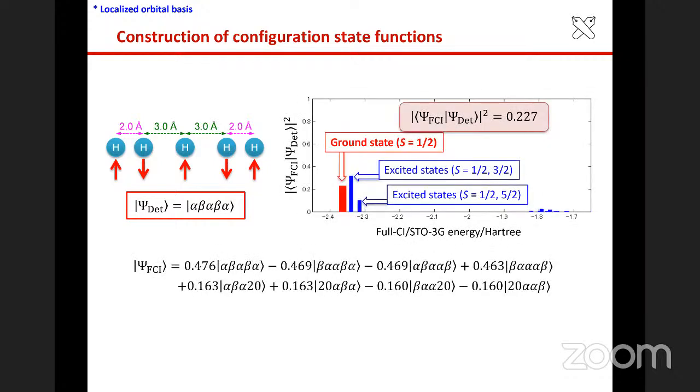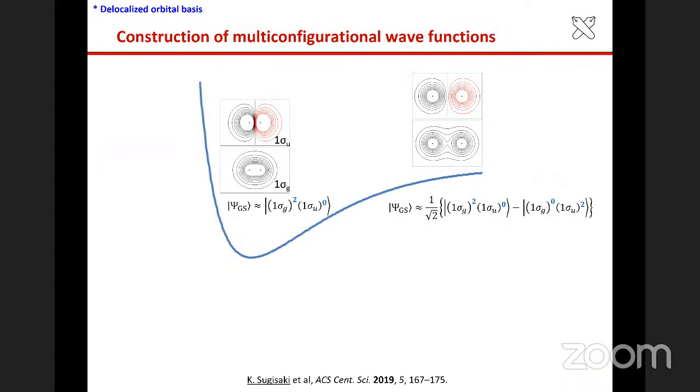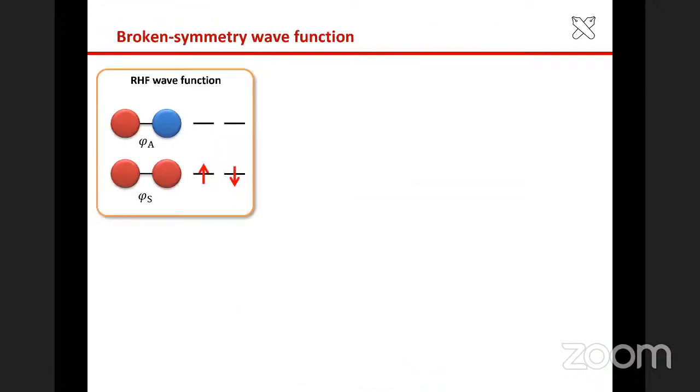We can obtain an open-shell wave function and then diagonalize the one-body density matrix to obtain the natural orbitals. Then we can calculate the diradical character y, and then we can construct a multi-configuration wave function in the natural orbital basis.